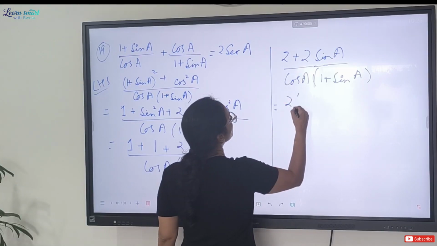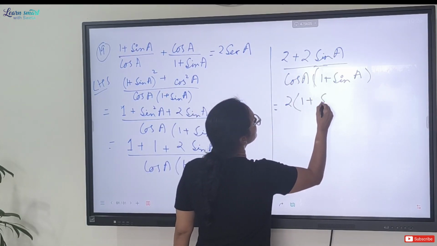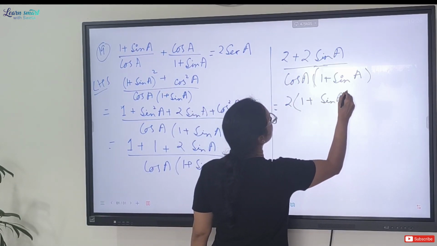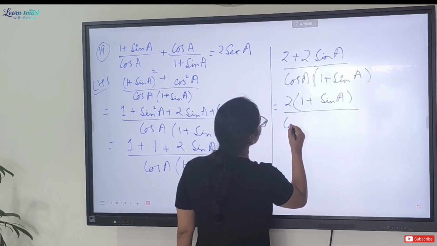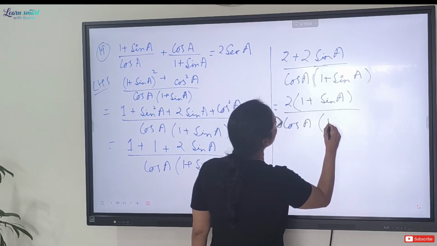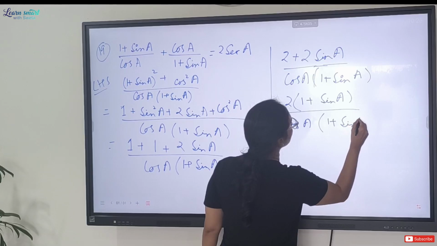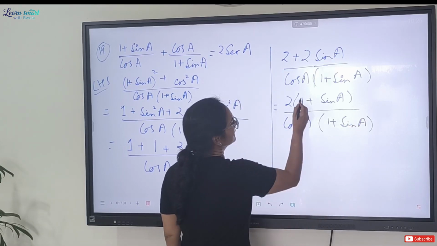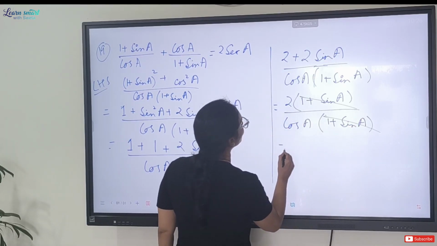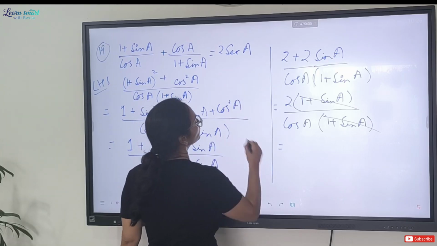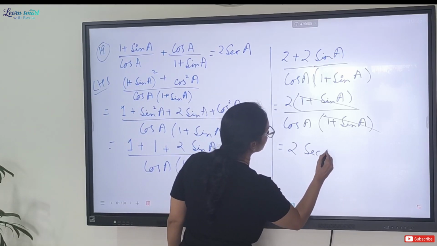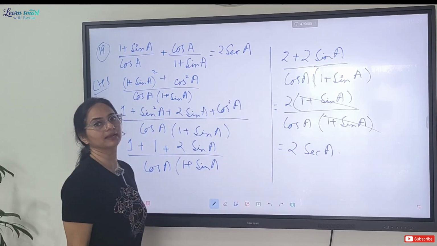So 2 common, then 1 plus sin A upon cos A into 1 plus sin A. Now you can cancel this and you are left with 2 upon cos A, which means 2 sec A. And see, we are done.